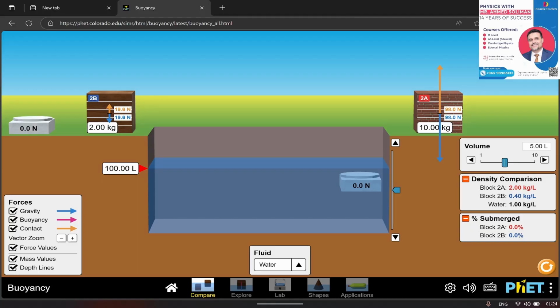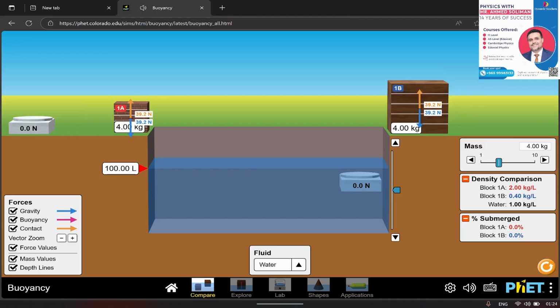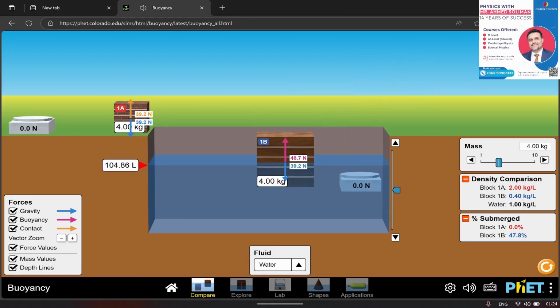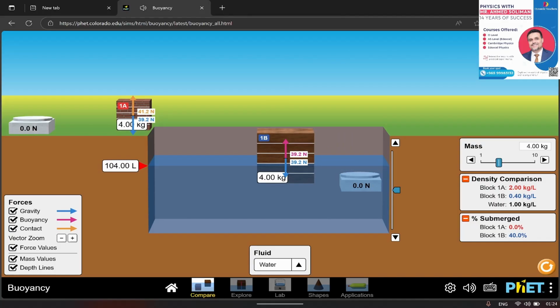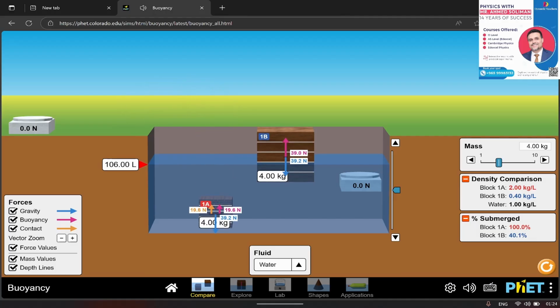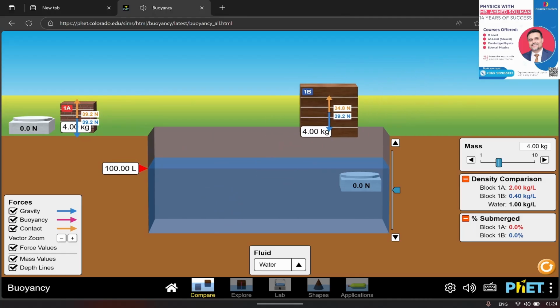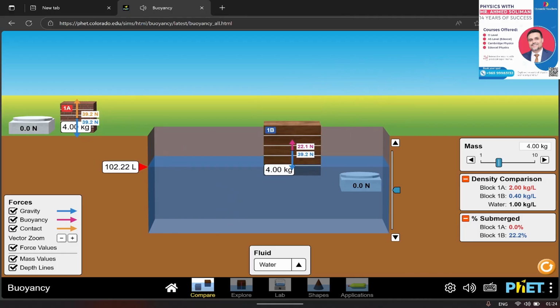Okay, now what if we have the same mass? Same mass, greater volume, lower density. Small volume, high density. Greater volume, low density, inversely proportional.